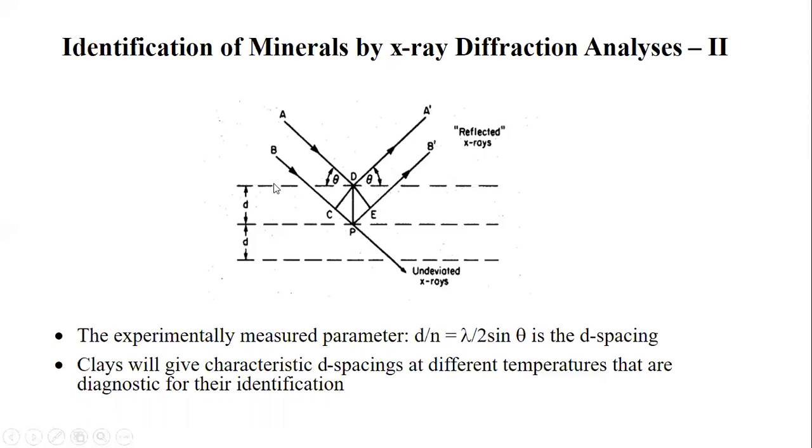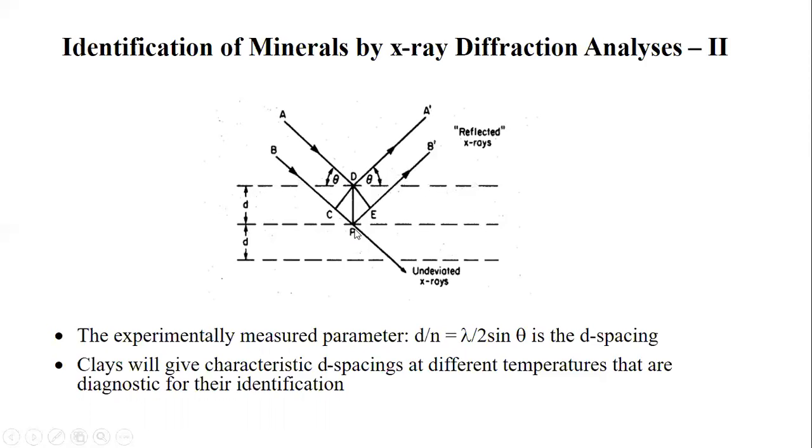Remember the crystal unit or layer we already talked about. If you don't remember it, go back to the fundamental structure of clay minerals. So this is the top of the first crystal unit, and this is the top of the next crystal unit, not the bottom of the first crystal unit. This is the top of the next crystal unit that's adjacent to it in a crystal, in a particle.